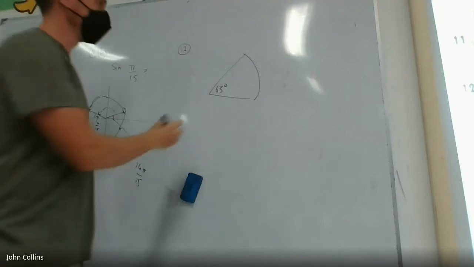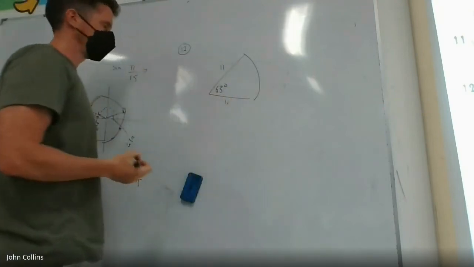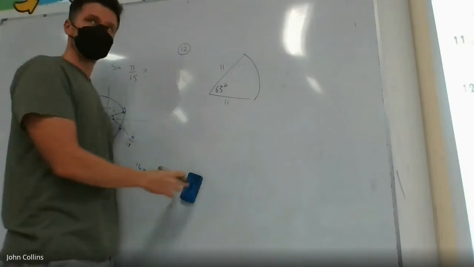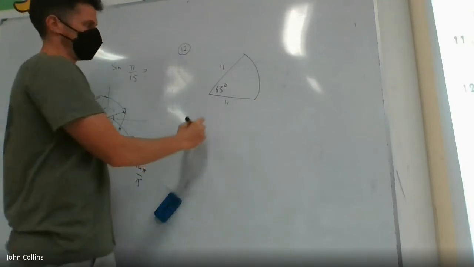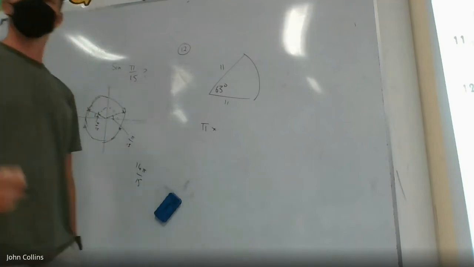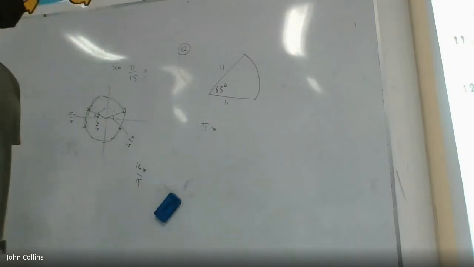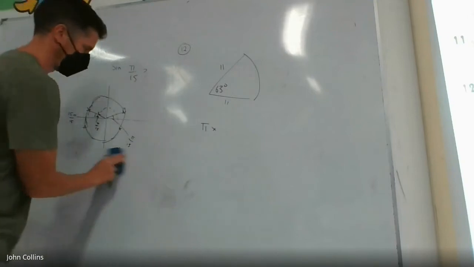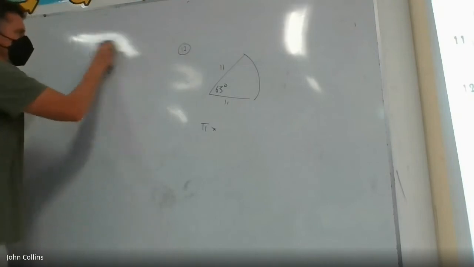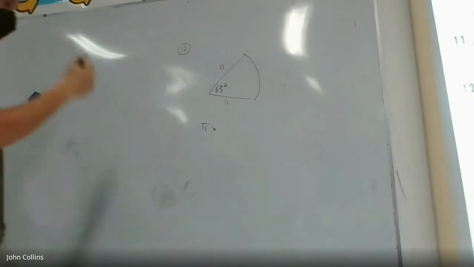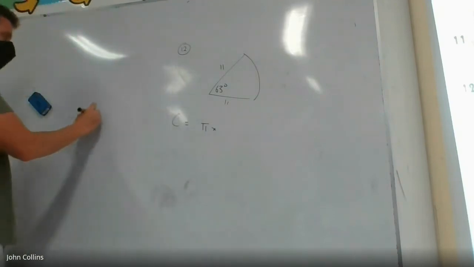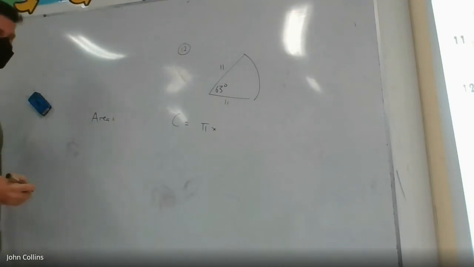You know the radius is 11. What would be the circumference of the full circle? Pi times something. That's the circumference of the whole circle. How would I get the circumference of a full circle with radius 11? Okay, how do I get the area of a full circle with radius 11?